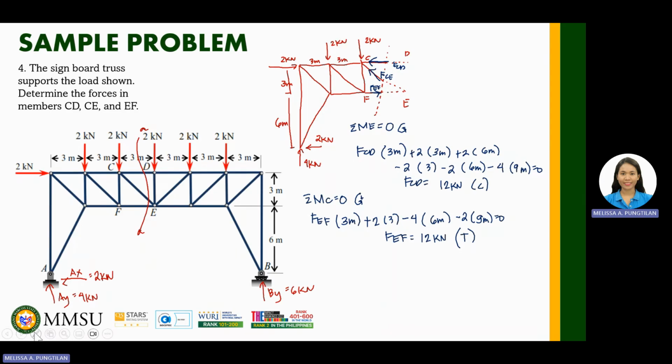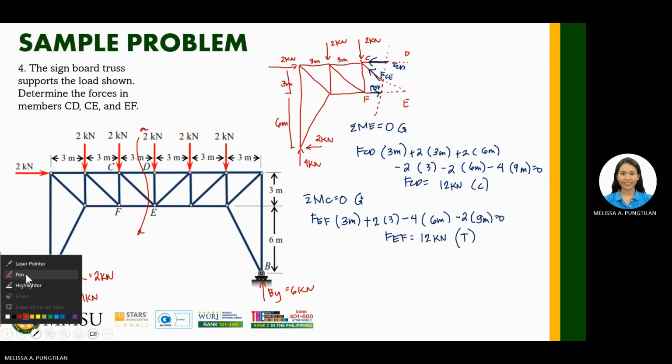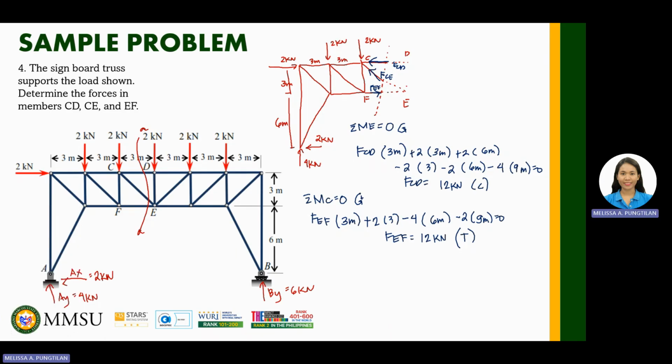Next, proceed naman tayo sa CE. Okay. CE na lang yung kulang natin dito. So, for our CE, we can use either summation of forces X or summation of forces Y. So, present naman na yung CD natin tsaka EF. So, for me, gagamitin ko na lang yung summation of forces Y para hindi na natin pakialaman si EF tsaka si CD.